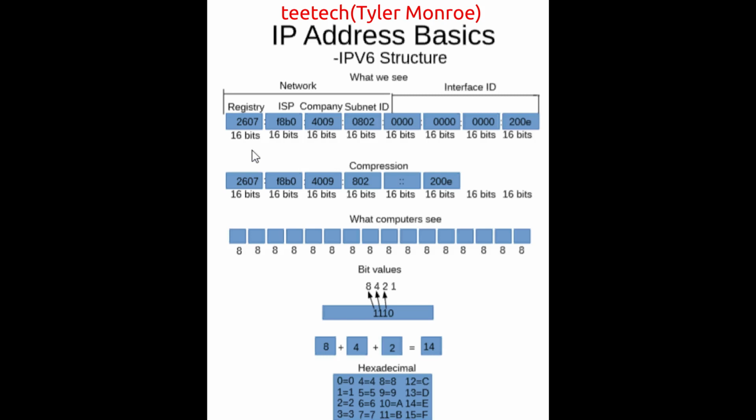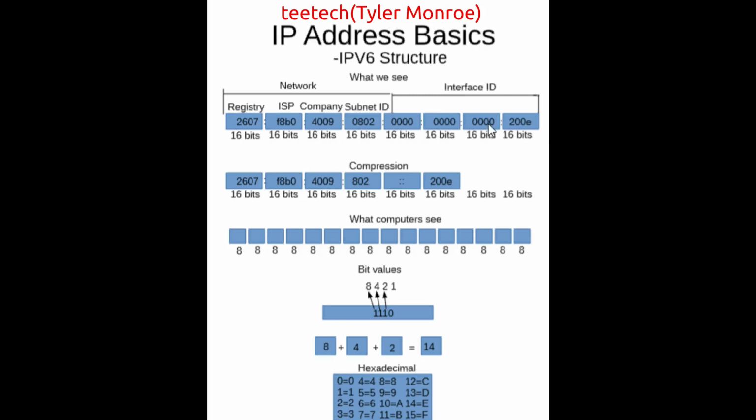Now the last 64 bits there, or 4 sections, is the interface ID, and of course that identifies the computer. This part, all the way up to 0802, is the network. So we would say this computer is on the 2607, etc. 0802 network. Okay, it's a lot bigger. There's a lot more. But then that would represent them.